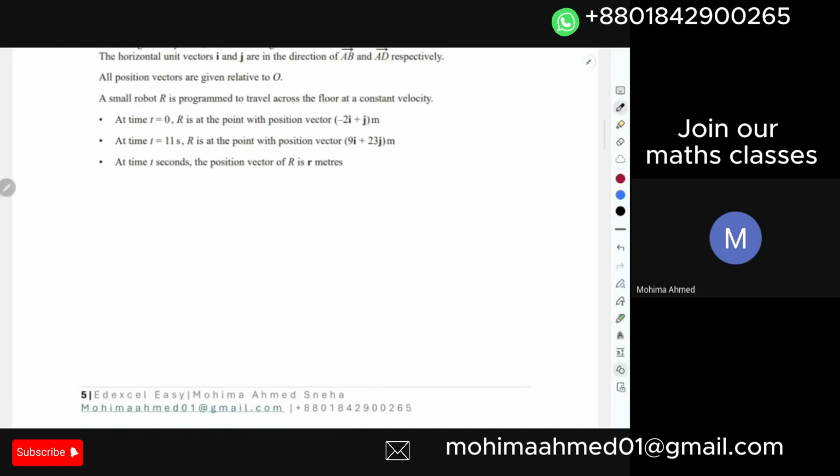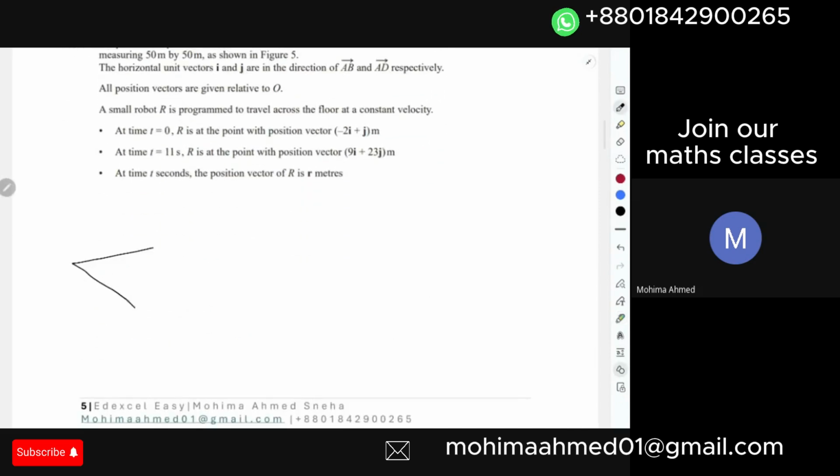If I just draw a diagram, this displacement was given as minus 2i plus j. This was your r naught.